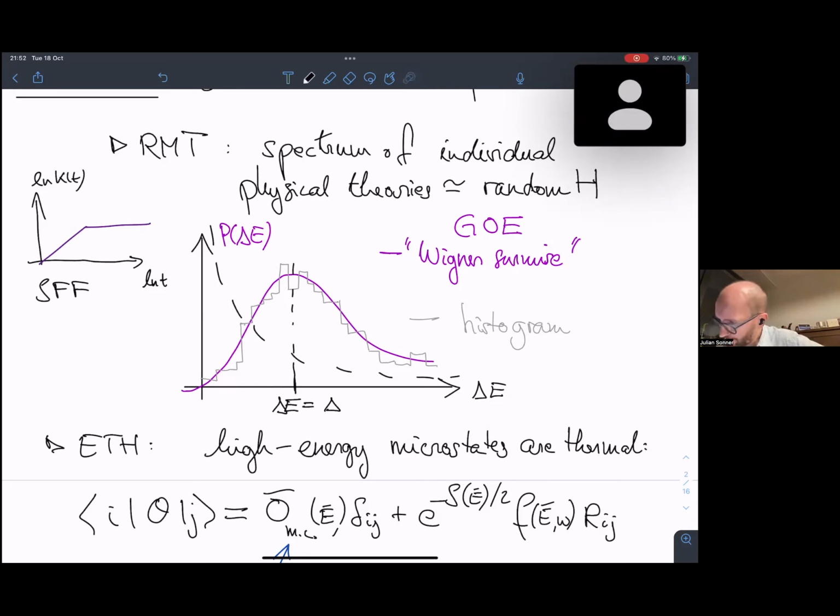Sorry, Julian. So would you say that the onset of the random matrix behavior is at E times of order e to the S? No, it can be much earlier.